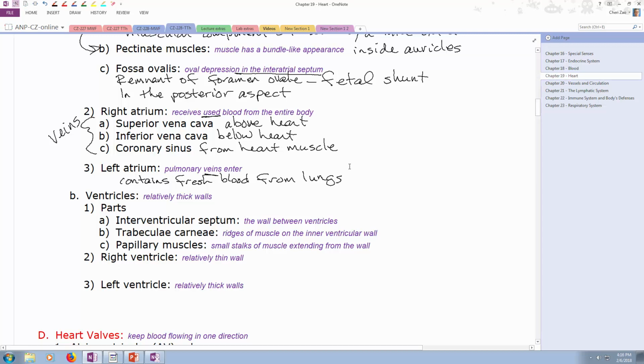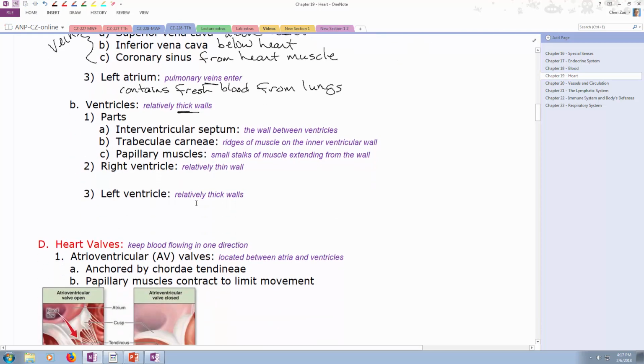When we take a look at the ventricles and compare the thickness of their walls to the atrial walls, absolutely they have thick walls in comparison. Things that we actually see in both the right and the left ventricles are the interventricular septum when you're on the inside.